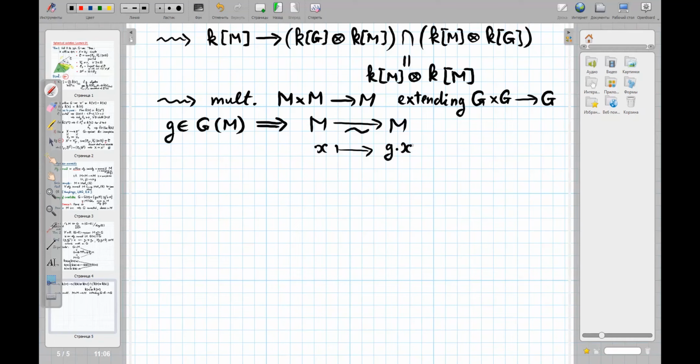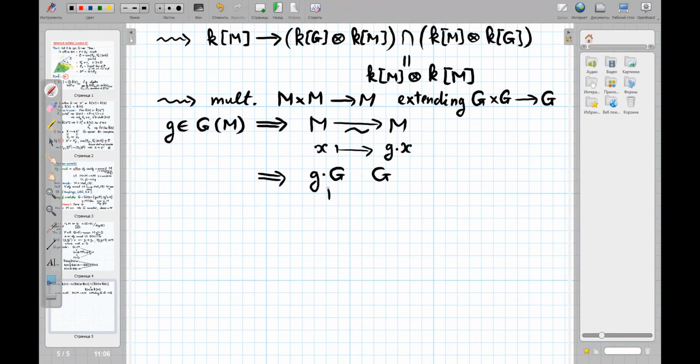There is an inverse map, the multiplication by g inverse. And this implies that there are two open subsets: the group G shifted by this small g, and the group G itself.